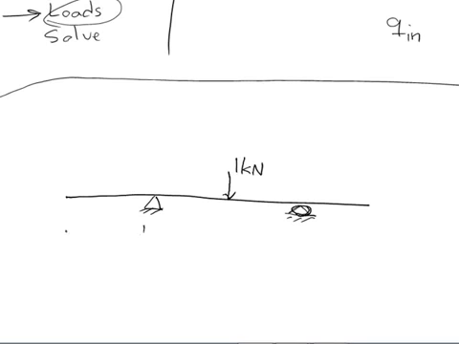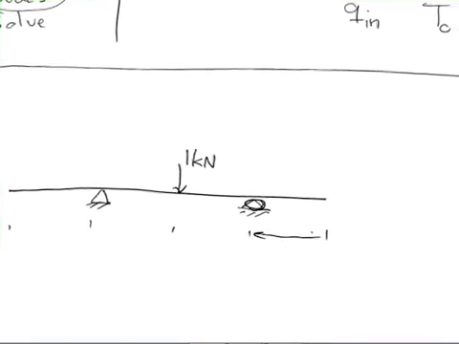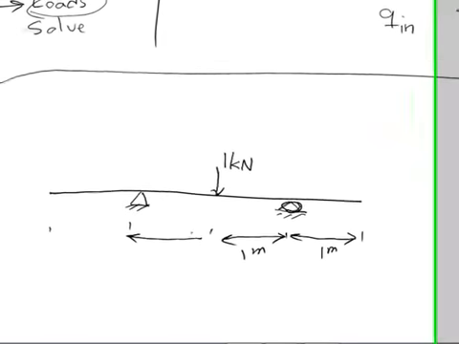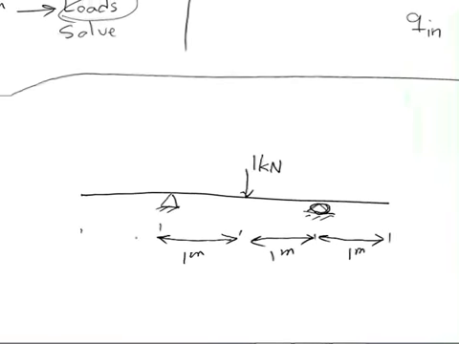These lengths are going to be equal, let's say in terms of 1 units, let's say 1 meter, all of them. And then apply the 1 kilonewton load right at the middle of this beam and run the analysis.